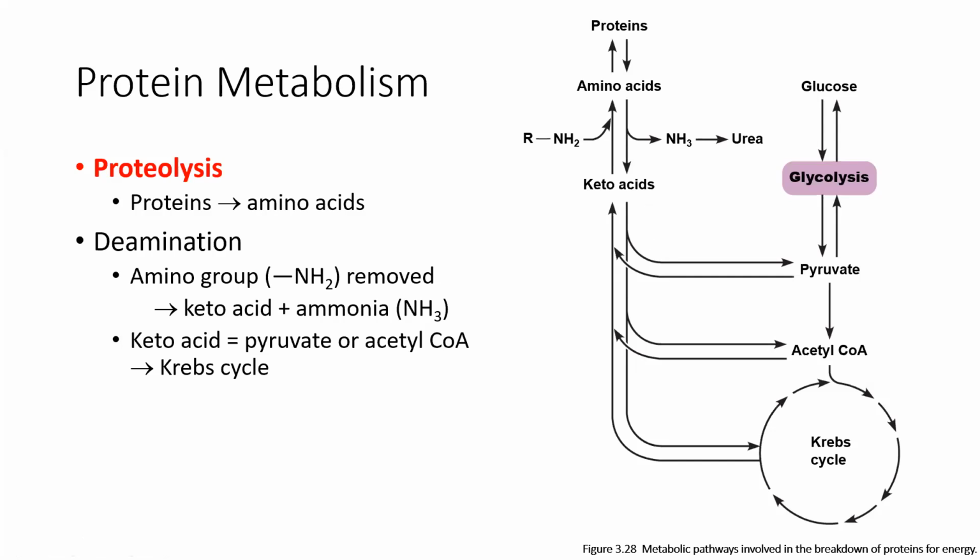So we can convert that by a process called deamination. We remove the amino group, okay? And then we can send these substrates to either create pyruvate or enter the Krebs cycle via the production of acetyl-CoA. And so this is how we can allow those metabolites, those substrates, to then enter cellular respiration and drive ATP production as well, okay?